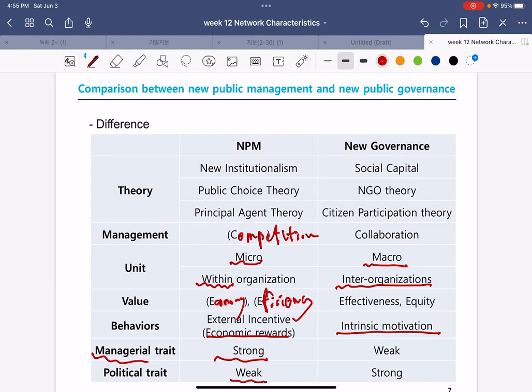And what is the definition of politics? As we studied, politics means the process of decision making through a variety of groups. Therefore, new governance has a strong political trait, because the different groups are engaged in the new public governance.